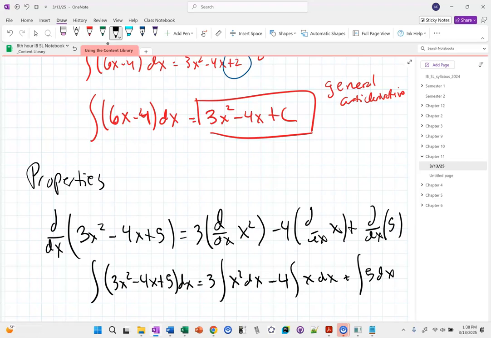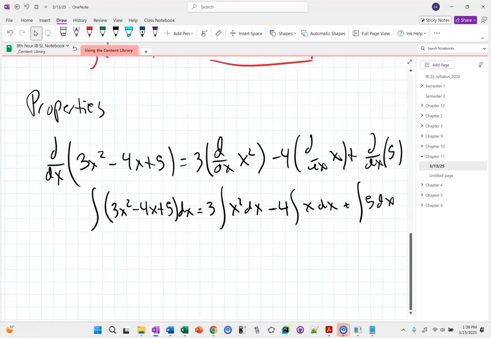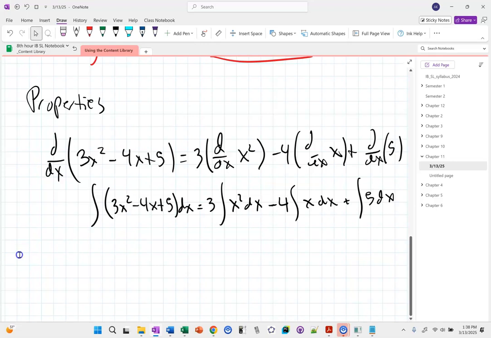We can pull constants out front of it. Everybody's okay? Just to be clear as to what you can do. It works the same way as that derivative operation, where you can distribute it across the terms of a polynomial and pull coefficients out front, ignore them, and tack them on at the end.